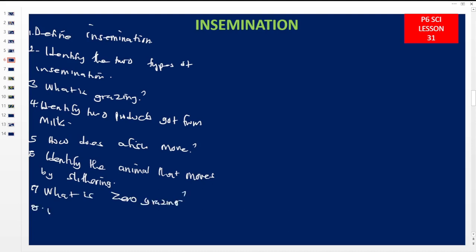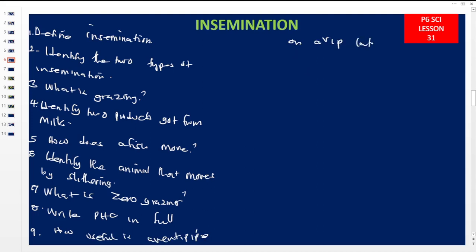Number 8. Write PHC in full. Number 9. How useful is a vent pipe on a VIP latrine?